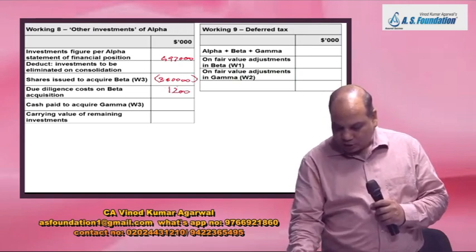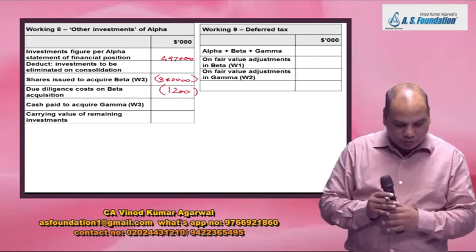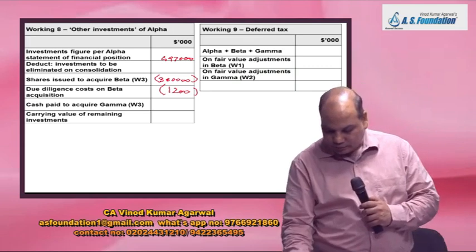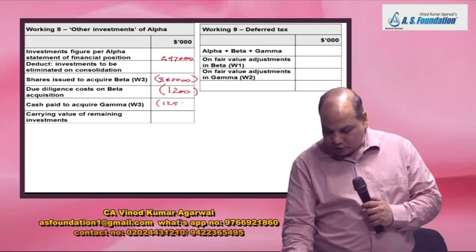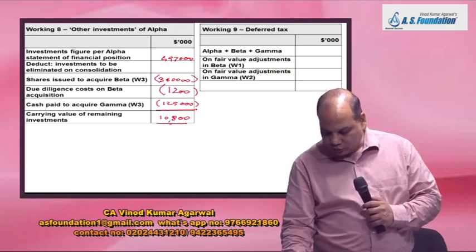Then cash paid to acquire Gamma. How much was paid to acquire Gamma? 1,25,000. So which means the remaining investment is 10,800. So this you transfer to balance sheet.